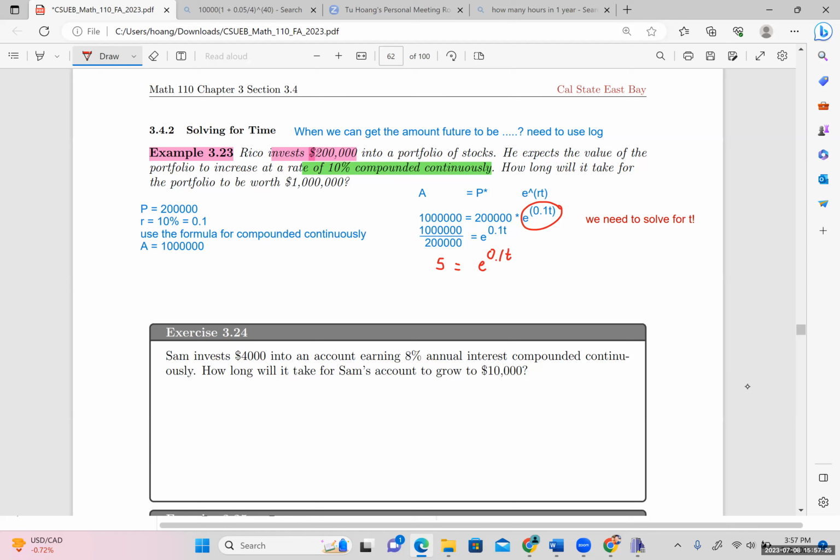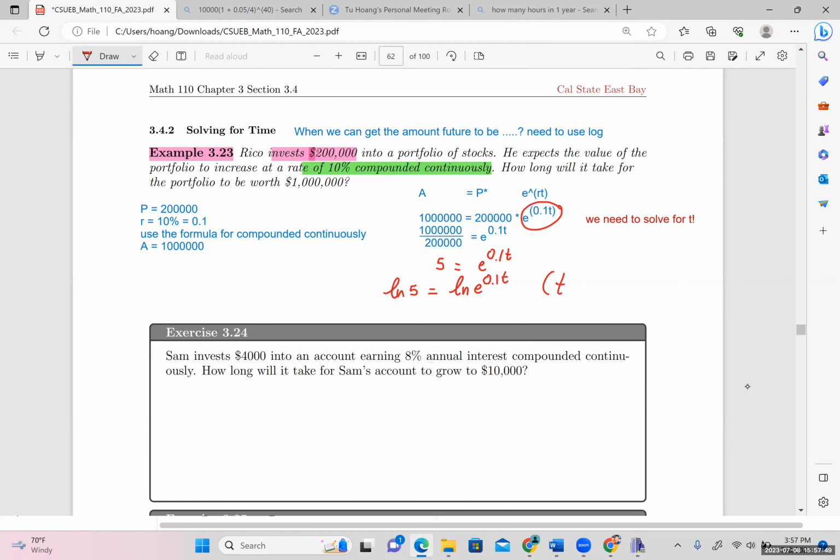So what you do now, you will take the natural log of both sides. Let's say ln 5 equal to ln e raised to power 0.1 t.